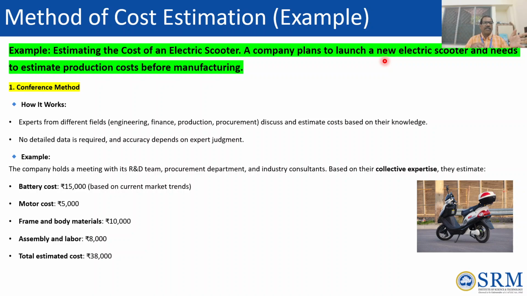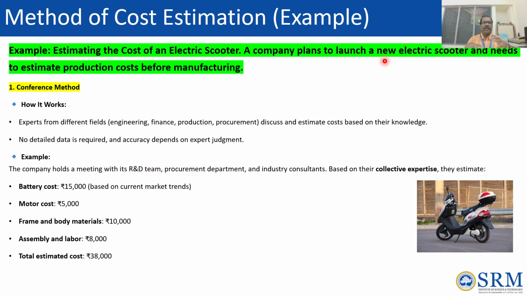For another example, a company holds a meeting with its R&D team, procurement team, and industry consultants. They all discuss together based on their collective expertise and estimate something. What do they estimate? A battery cost. They estimate the battery cost at 15,000 based on the current market trend. Not necessarily with quotations or bills from the market, but with their expertise and experience.